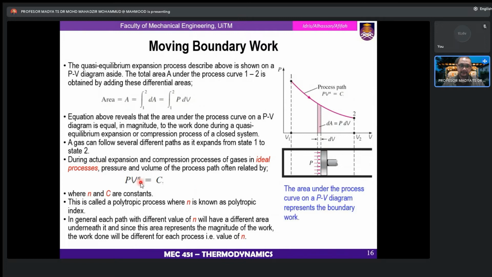In general, each path with a different value of n will have a different area underneath it. This is the mathematical expression. So when n has a different value, we will have the process path at a different curve.